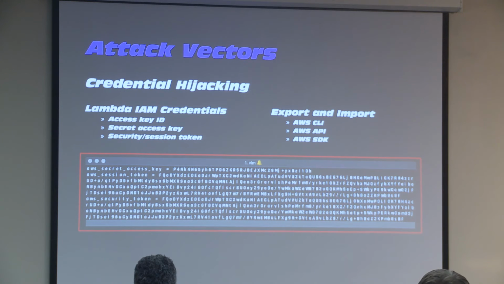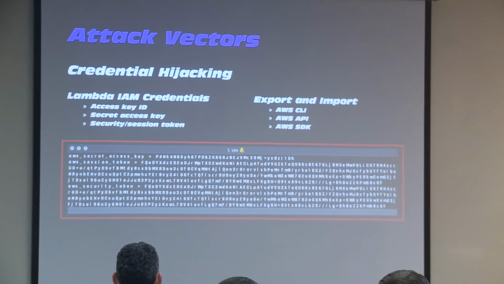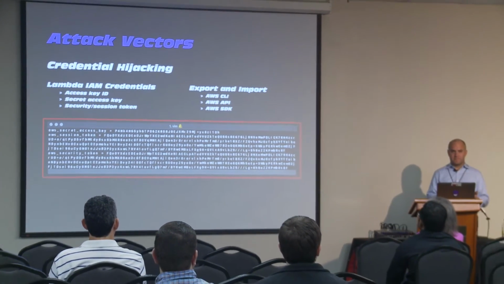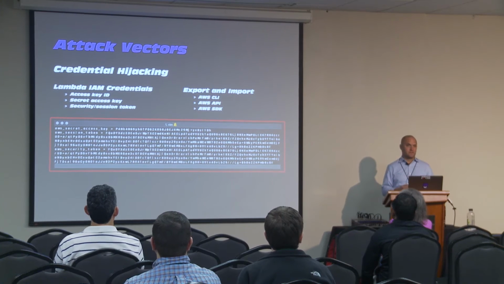So we can grab the access key ID, the secret access key, and the security and session tokens. What if we were to export those and then import them into, say, our AWS credentials file? Everyone's familiar with those for the AWS CLI? AWS has a command line interface application for you to interact with their services.